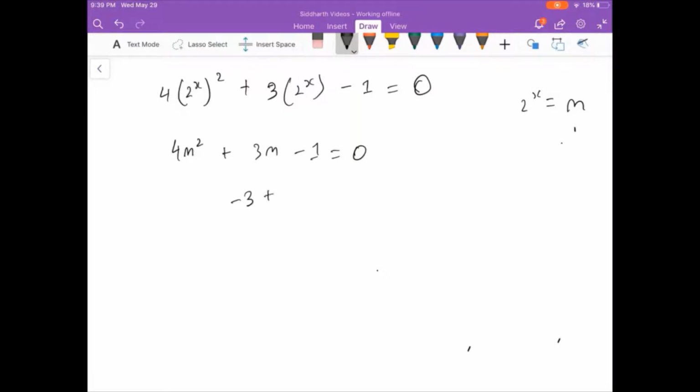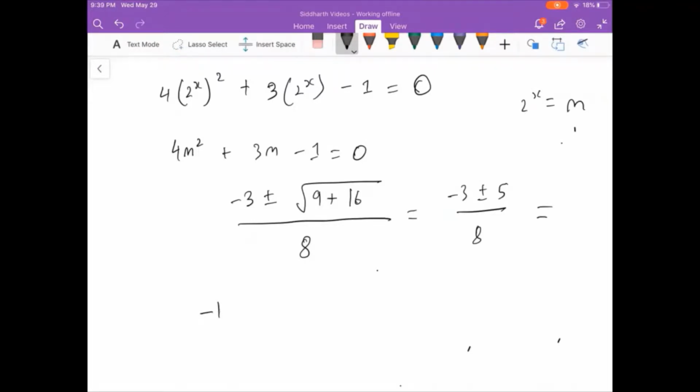Minus b plus or minus square root of b squared minus 4ac divided by 2a. This is same as minus 3 plus or minus 5 by 8. So m will be equal to minus 1 or 1 by 4.